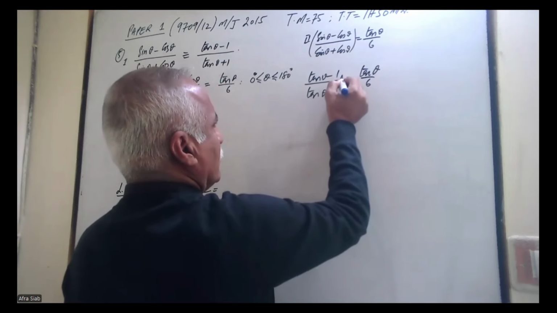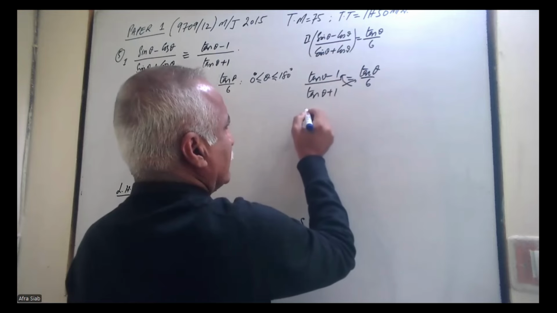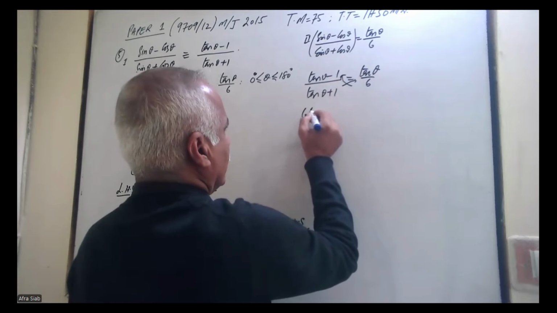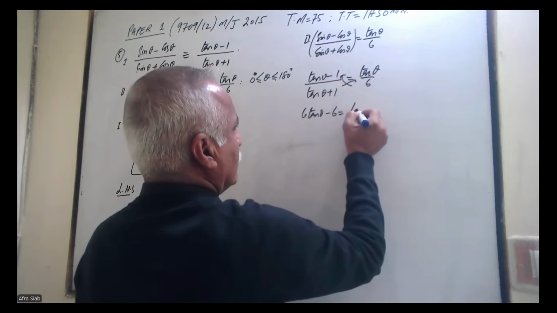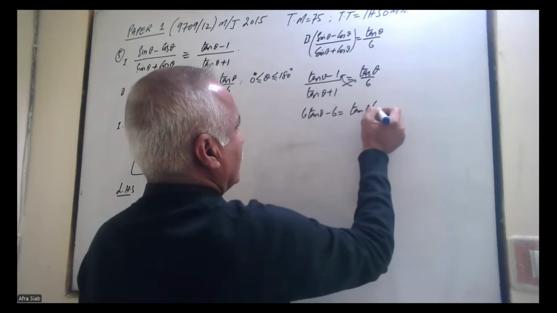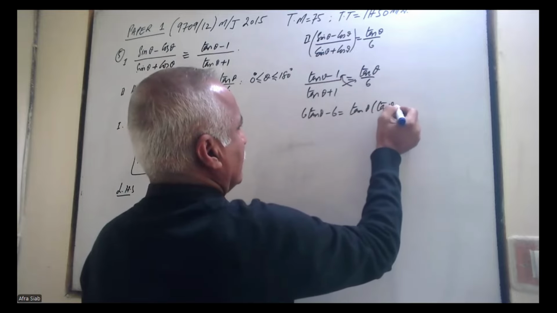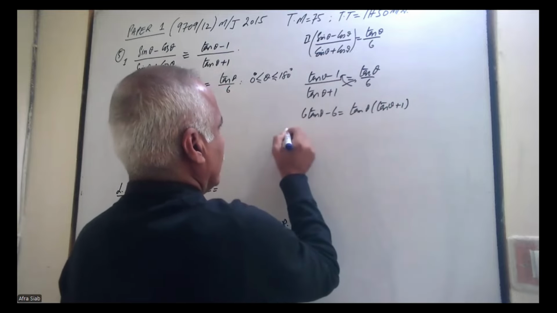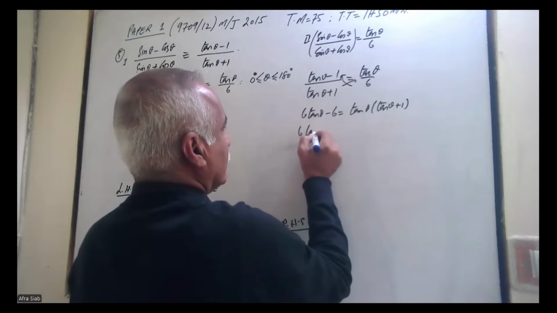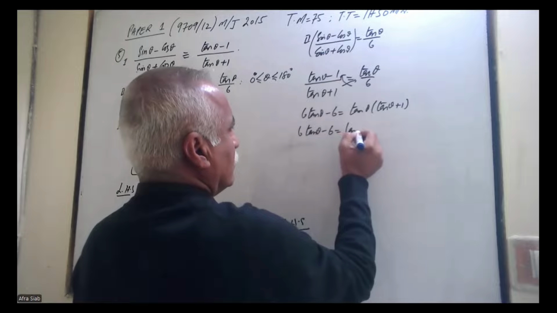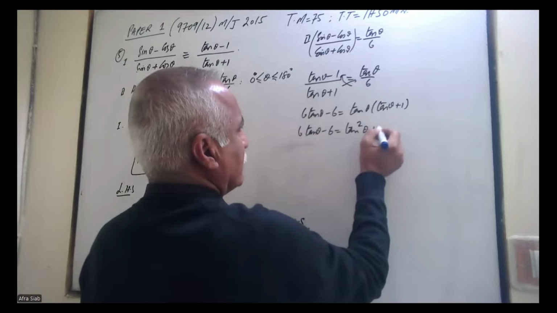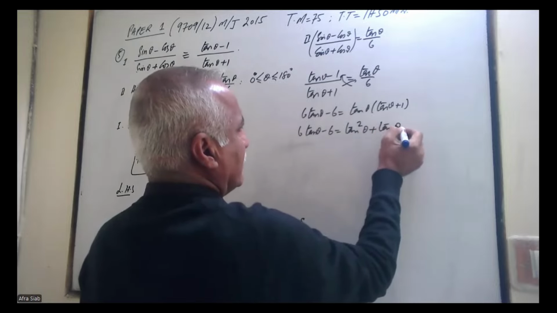Now you can cross multiply. This will become 6 tan theta minus 6 is equal to tangent theta into tangent theta plus 1. This will become 6 tan theta minus 6 is equal to tangent square theta plus tan theta.